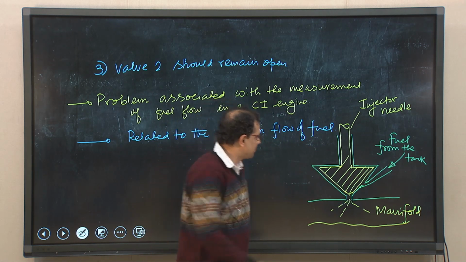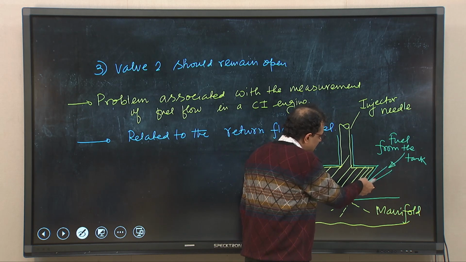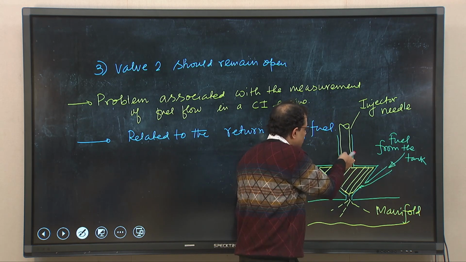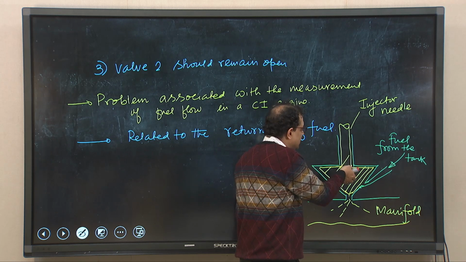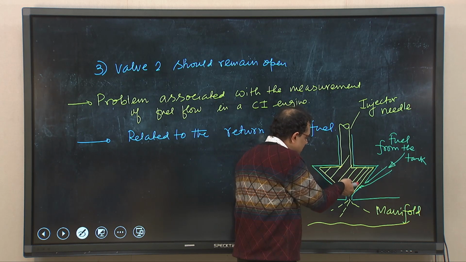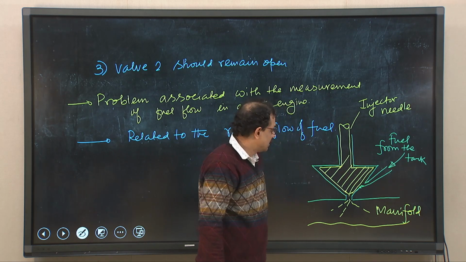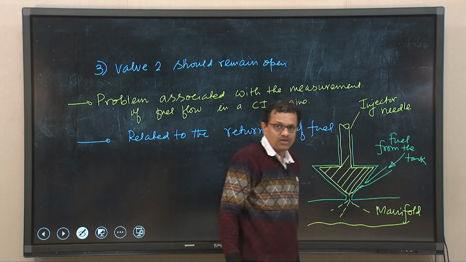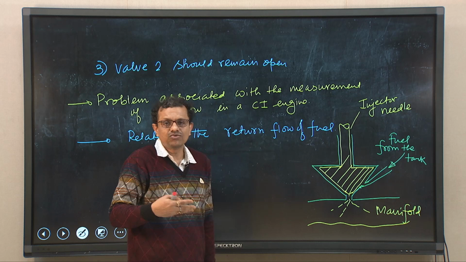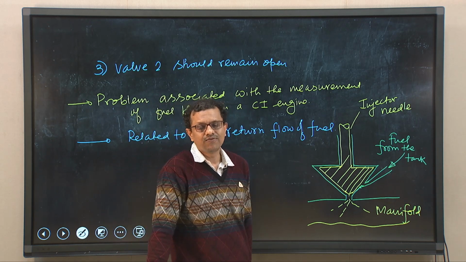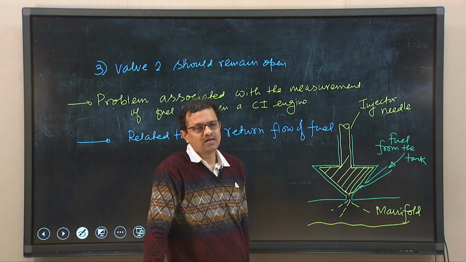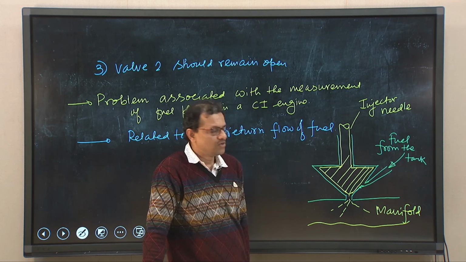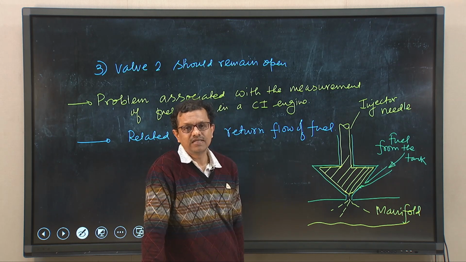Basically, in the high pressure line, if the gap is closed because of the natural tendency of the needle to remain seated, then that high pressure fuel should be returned. So, the return flow must be taken into account to measure the fuel flow rate using this technique for CI engines. So, this is one problematic issue.